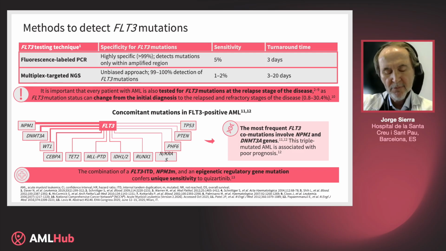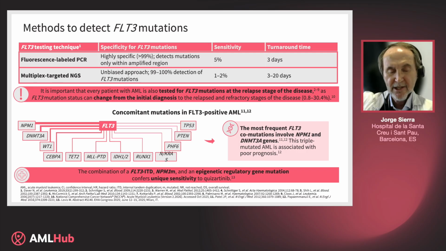The more commonly used is the fluorescence labeled PCR with a sensitivity of 5% and very rapid turnaround time. And more and more recently, NGS is being introduced also to test the presence of these mutations, and very importantly, to follow the minimal residual disease.